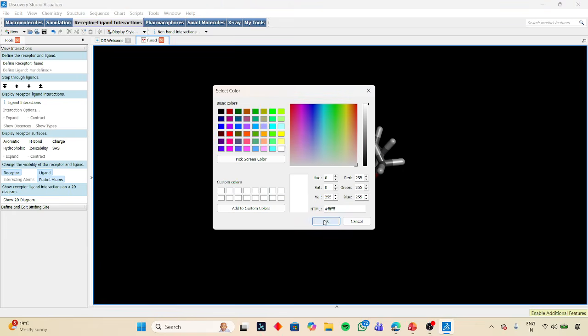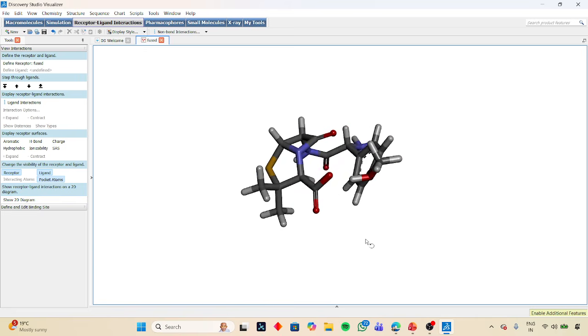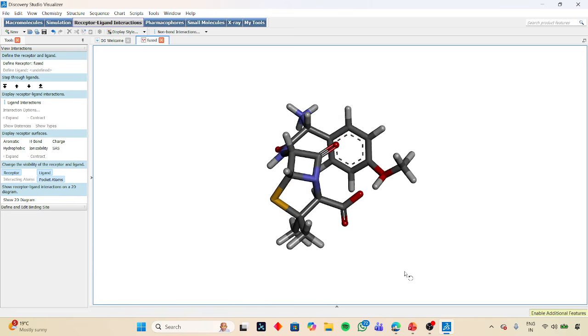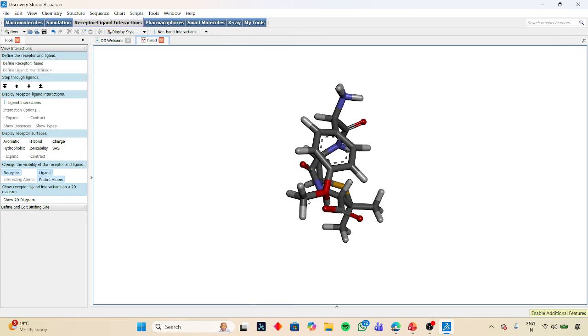So by using this DeepFrag software, you can analyze. Here we have done the changes: the CFC group has been added to the benzene ring. So instead of the OH group, we can add the CFC group.